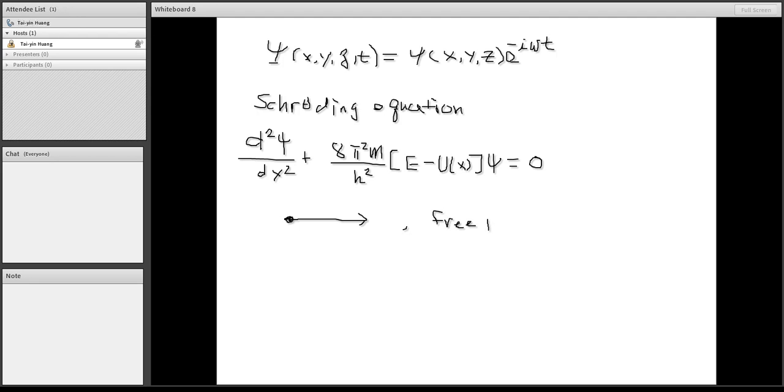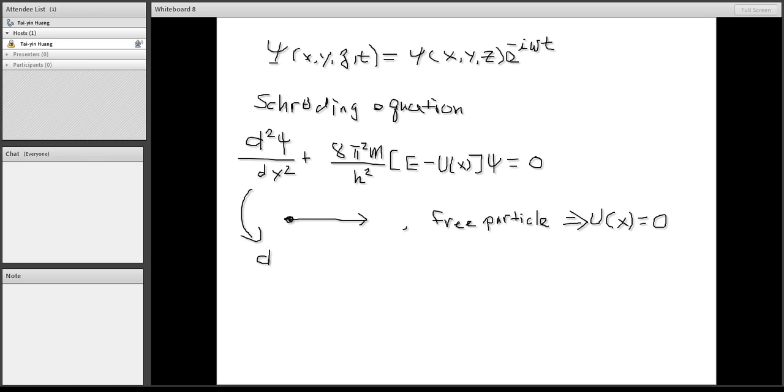When there's no force acting on the particle, the potential energy of the particle can be set to 0, because potential energy and force are tied together. Because there's no force, there's no potential energy.